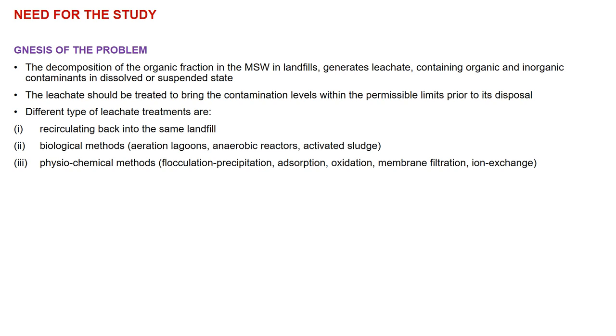The third method is the physiochemical methods, which include flocculation and precipitation by addition of external chemicals, adsorption, say for example on activated carbons, oxidation using ozone, hydrogen peroxide or Fenton's reagent, membrane filtration, which uses a permeable membrane to mechanically separate the contaminants from the leachate, ion exchange using zeolites or resins, basically done for heavy metal removal from MSW leachates.